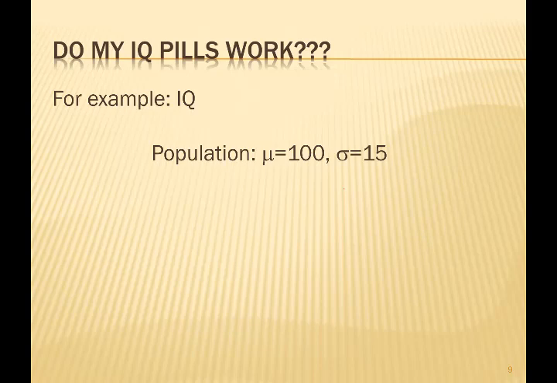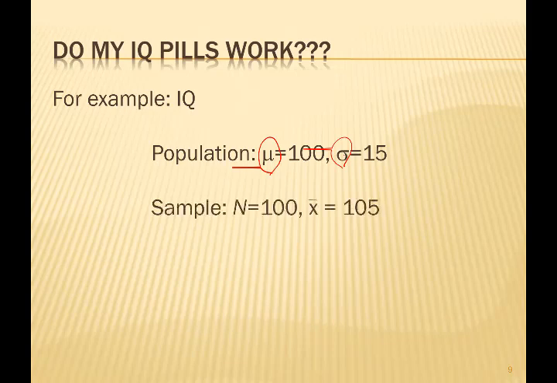So that's known information. We've known this throughout many tests, many IQ tests that have been done. And so notice the mu and the sigma that I use to indicate that this is information about the population.